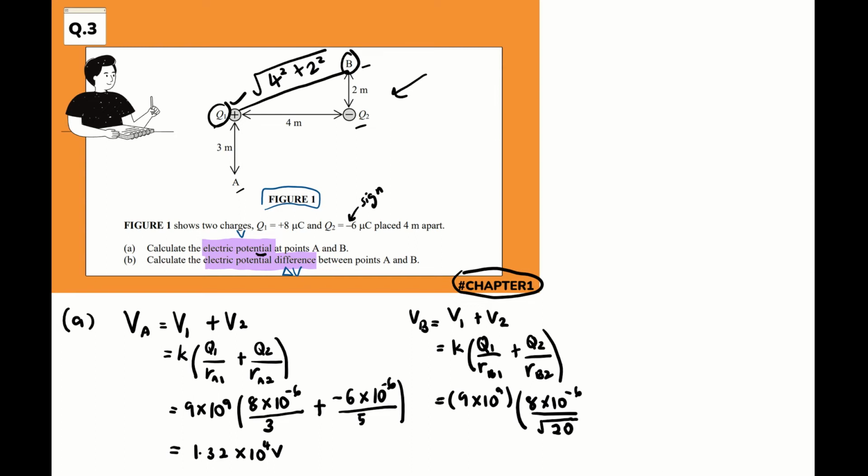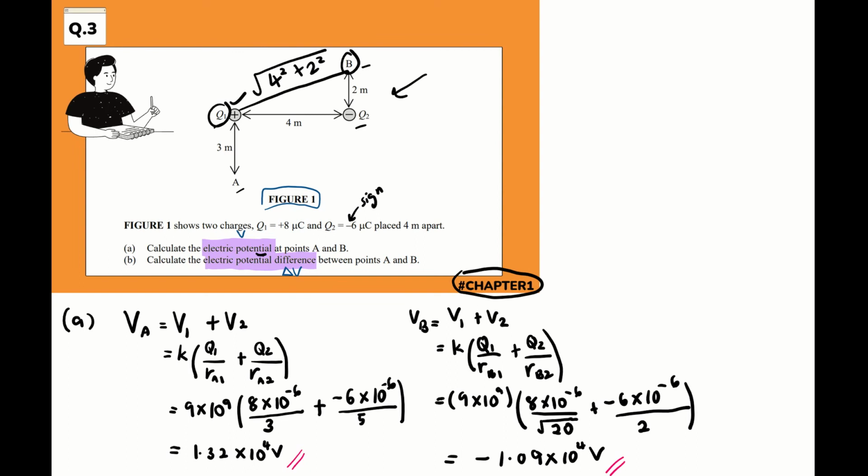Square root 20 plus negative 6 times 10 to minus 6 over 2. Then you will get negative 1.09 times 10 to 4 volts. So this is for VA and this is for VB.